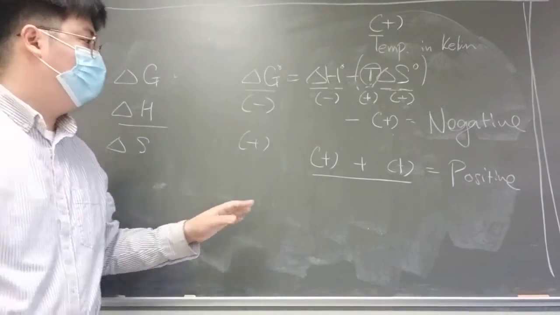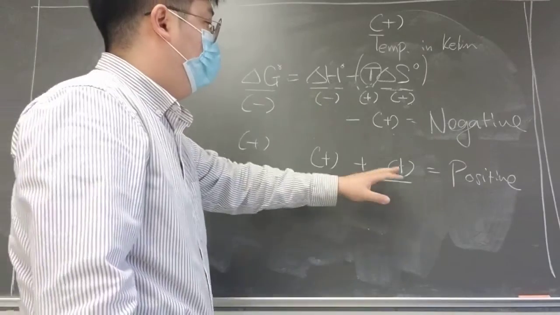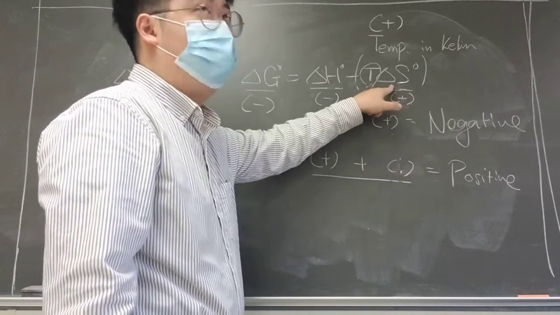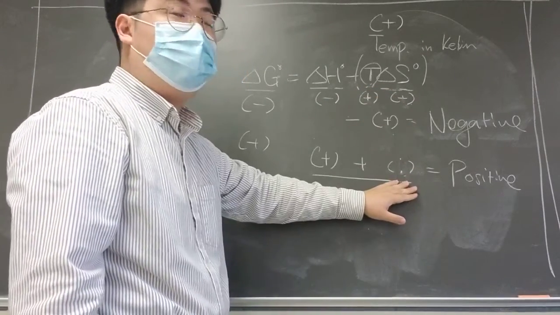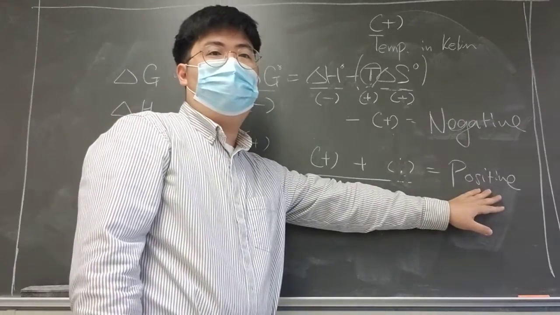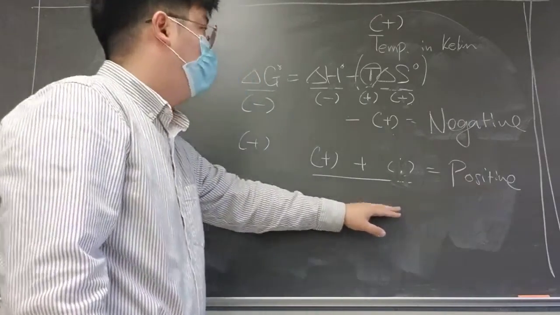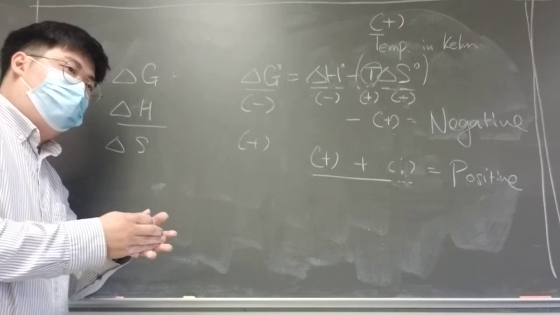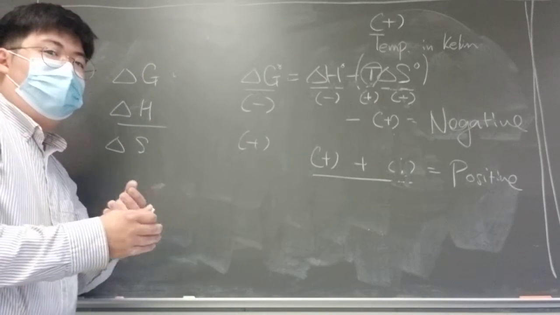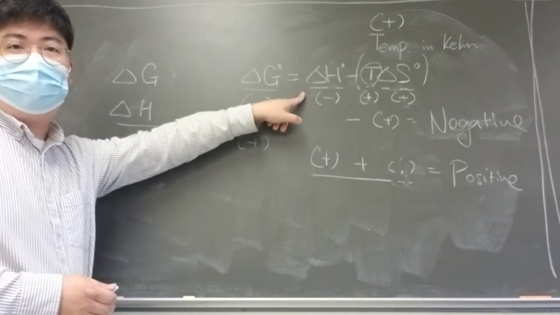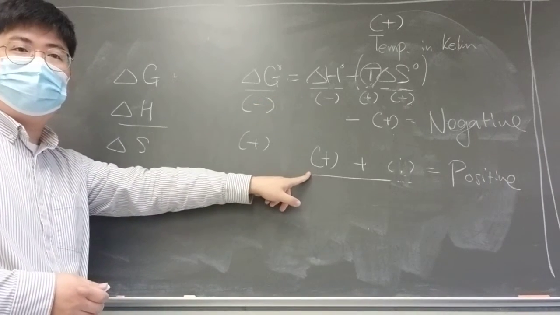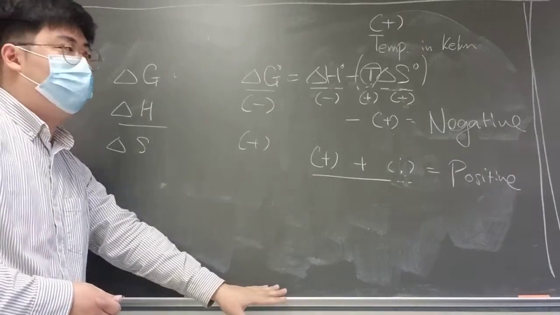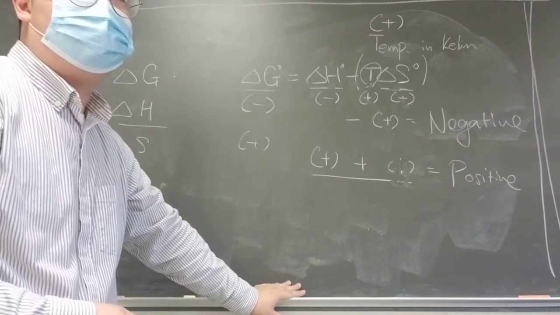Whenever you have a positive enthalpy change and a negative entropy change, the change in Gibbs free energy is always going to be positive. So you can tell if this reaction is going to be spontaneous or non-spontaneous, not even by trying out this equation, but just by knowing the signs of your numbers for enthalpy and entropy.